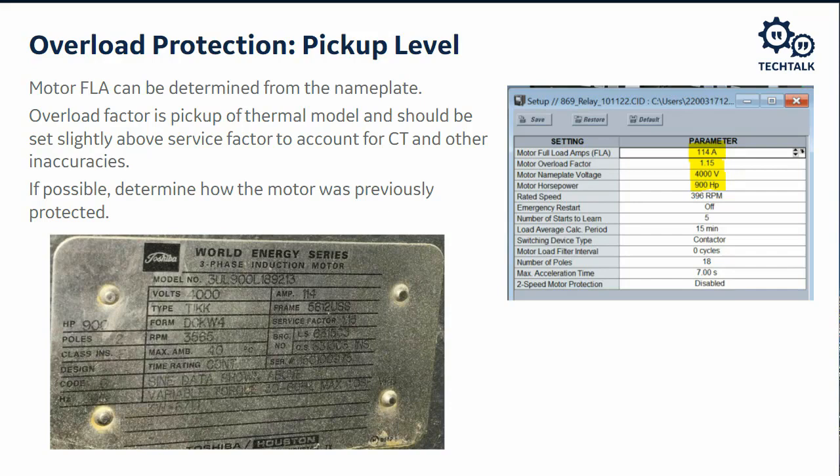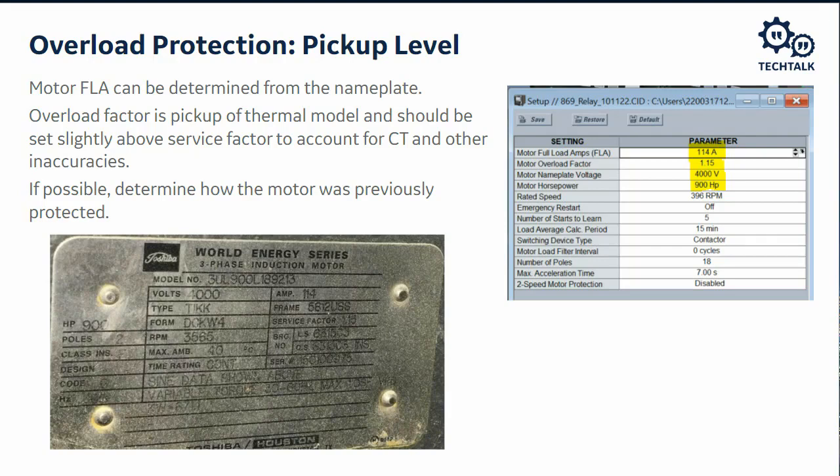So it's 114 amps, and the relay is asking me for an overload factor, and that is on here as well, and that's given as a service factor, and in this instance we're making that at 15%, so 115.